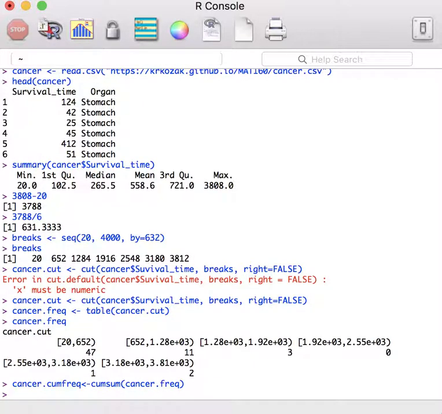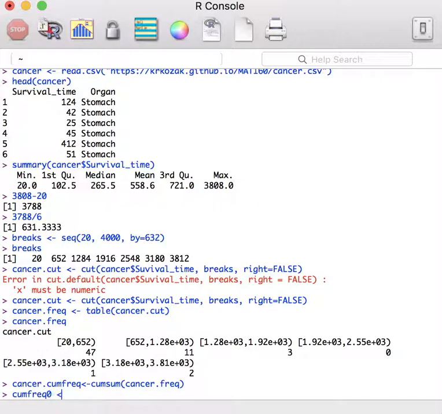Again, you can look at this, but I do want to point out that what I'd like to do is add in the fact that there are less than 20 survival time. There are nobody. So I want to actually include that 0 that's in this grouping beforehand. And so I'm going to create another new variable called cumfreq0.